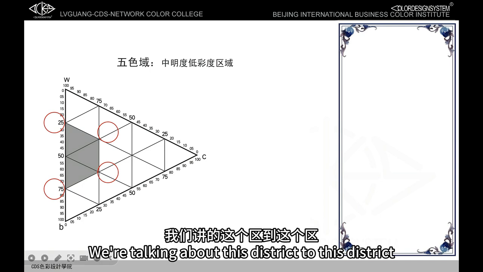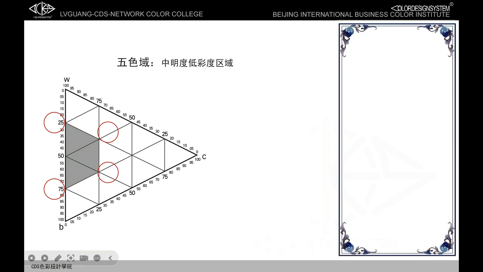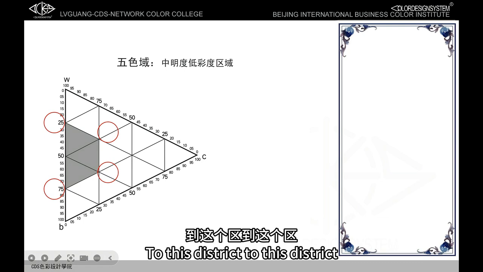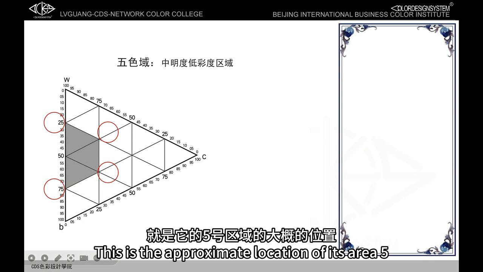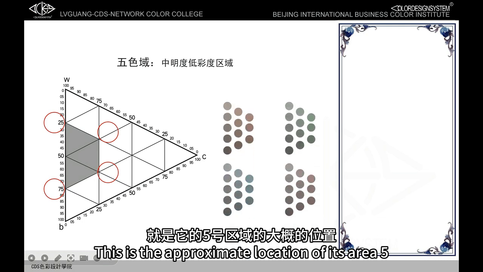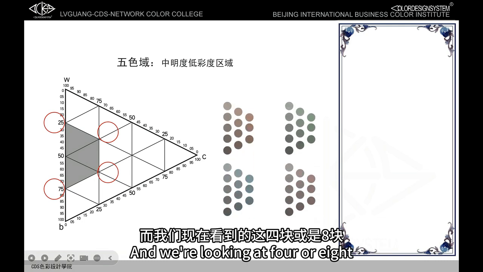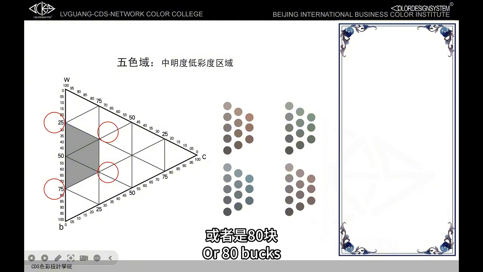We're talking about from this point to this point, to this point to this point, then this gray T shape. This is the approximate location of Area 5, around 4 or 8, or 80. It's all in this area.